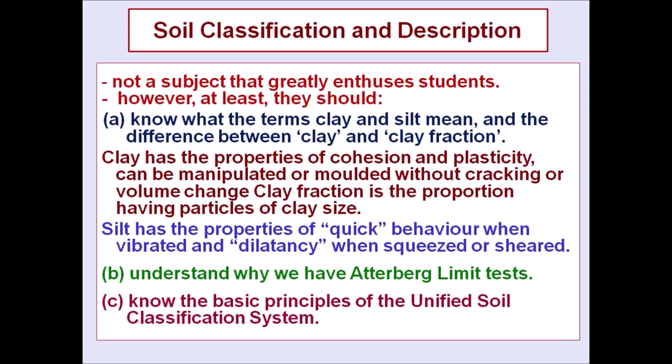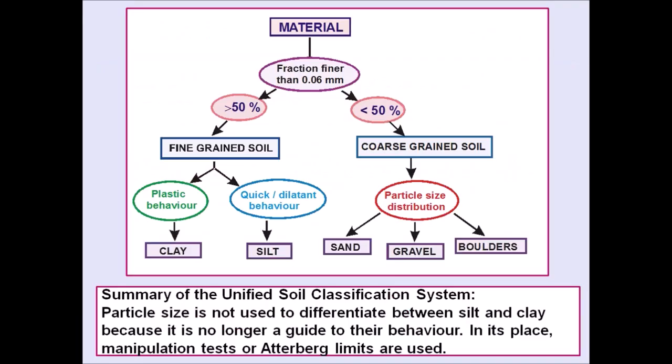They should also know the basic principles of the Unified Soil Classification System. As illustrated here, the material is divided into coarse-grained and fine-grained on the basis of particle size, the proportion greater or less than 0.06, the separation between fine-grained and coarse-grained soils. The coarse-grained soil is then divided into sand, gravel, or boulders on the basis of its particle size, whereas for fine-grained soils, particle size is no longer used as a basis for dividing it between clay and silt.